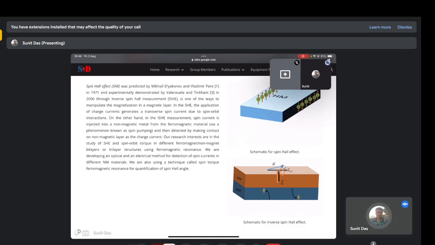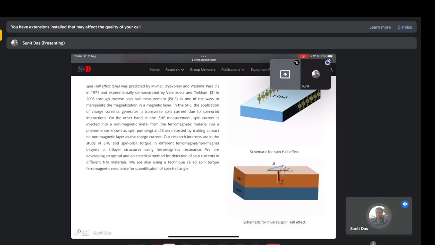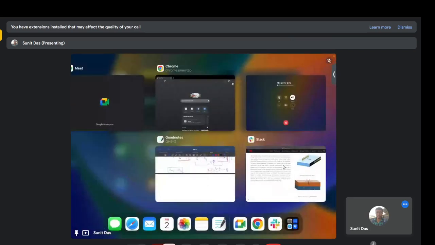So that's the main idea. Another one is of course the magneto-optical Kerr spectroscopy, but this is one more elegant way, where we convert the spin current into the charge current, and we measure the charge current in order to estimate the spin current that was created in the previous material. Okay.